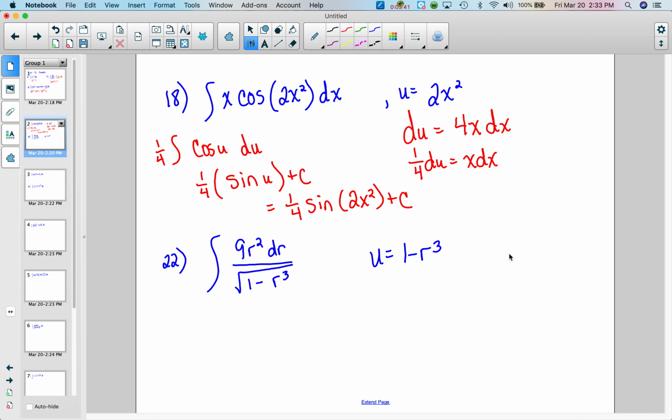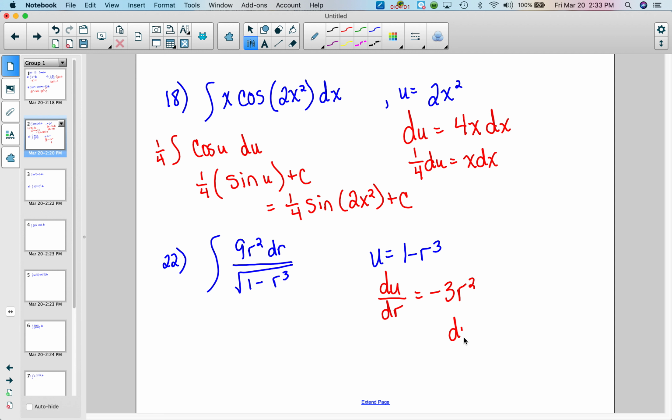All right, number 22, again, they tell us what to use for u. This is in terms of r, so we're going to have du dr. I'll do the intermediate step. That would be 0, and then we'd have -3r squared.